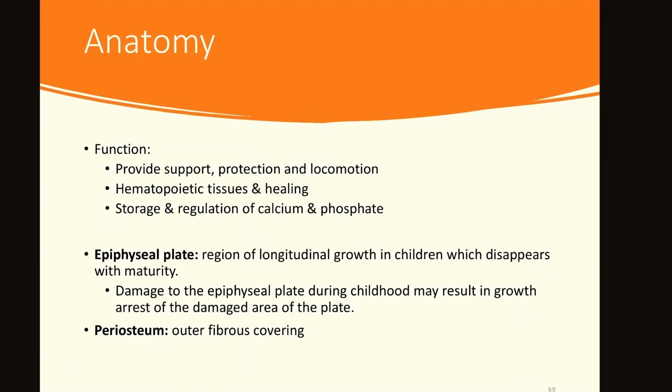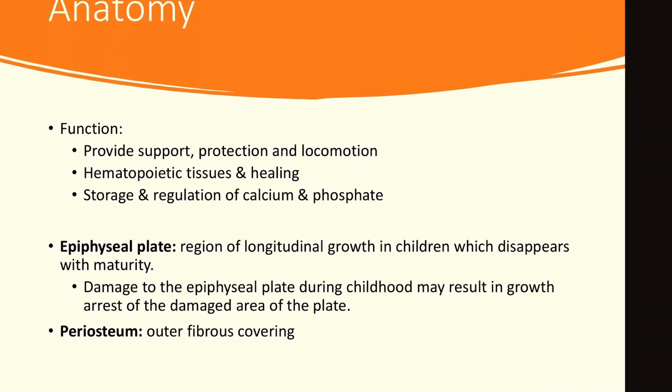So just review again, function of the skeletal system: support, protection, and locomotion so we can move. We know it gives us our stem cells, so we know red blood cells form here, all those other cells. And storage of calcium and phosphate.